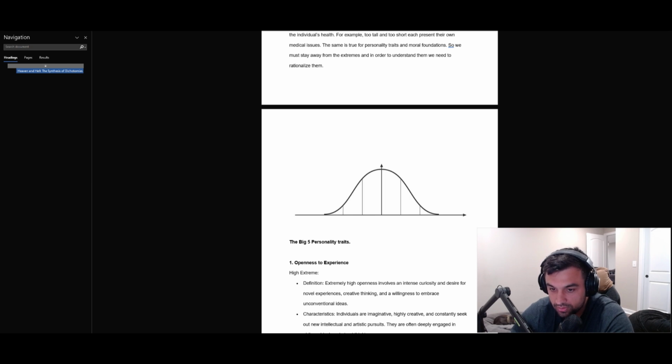This is what a bell curve looks like. The further you go out, the fewer people there will be. The y-axis is how many people lie there, or percentage of the population, and the x-axis is the degree to which they have that trait. As you go further to the left, you could say this would be tall versus short, so you're going to have fewer and fewer people that are shorter and shorter.